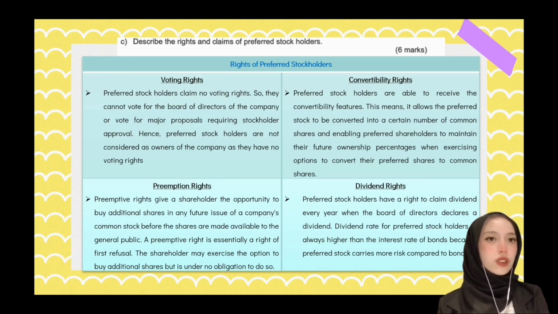Firstly, preferred stockholders have no voting rights, so they cannot vote for the board of directors of the company or vote for major proposals requiring stockholder approval. Hence, preferred stockholders are not considered owners of the company as they have no voting rights.